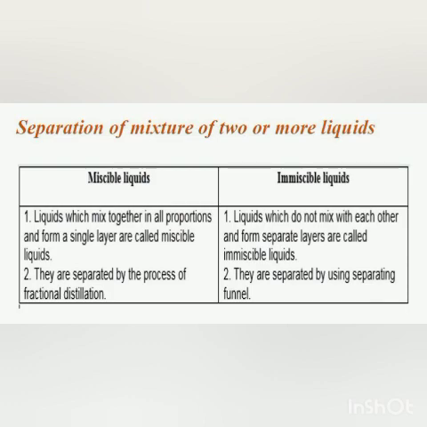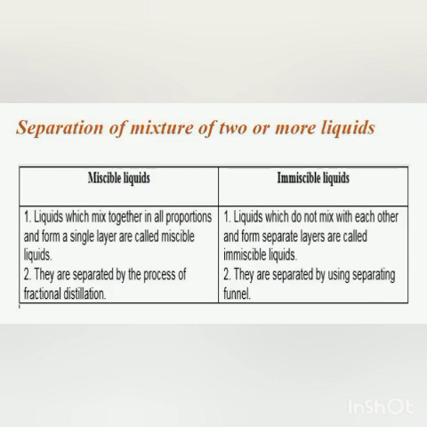Miscible liquids are liquids which mix together in all proportions and form a single layer, mixing uniformly. Immiscible liquids are liquids which do not mix with each other and form separate layers.